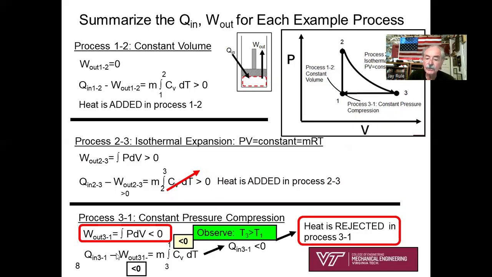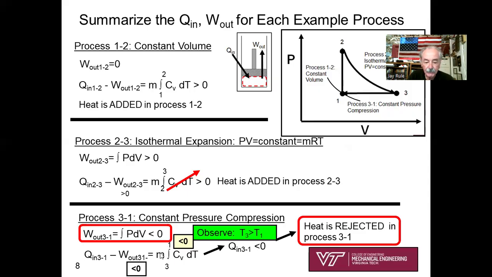So let's look at Qin from 3 to 1. All right, so let's see, Qin minus W out, that's less than 0, equals the change in internal energy, m Cv integral dT. Wow, okay, well, what's this right-hand side going to be? I'd suggest that it's going to be less than 0 because T3 is a bigger number than T1.